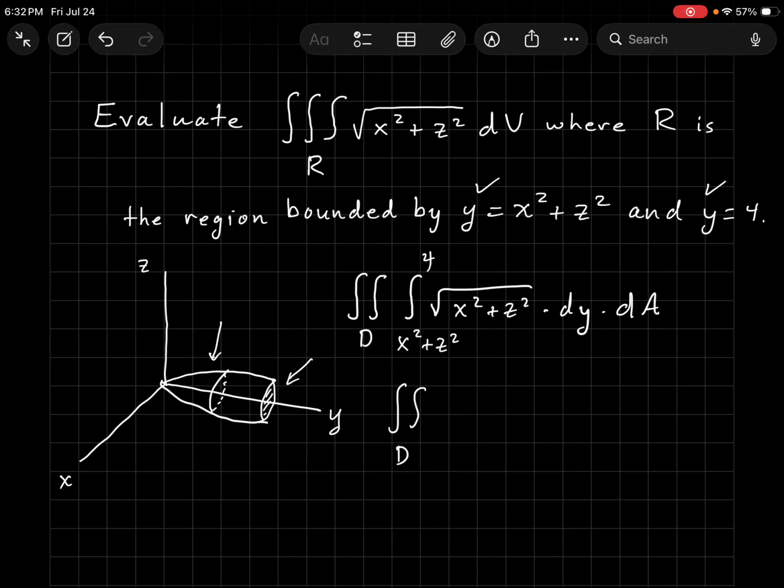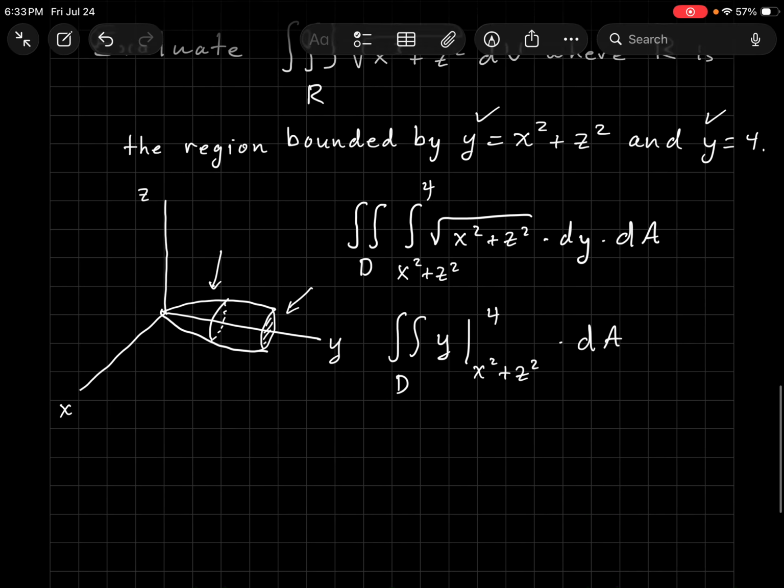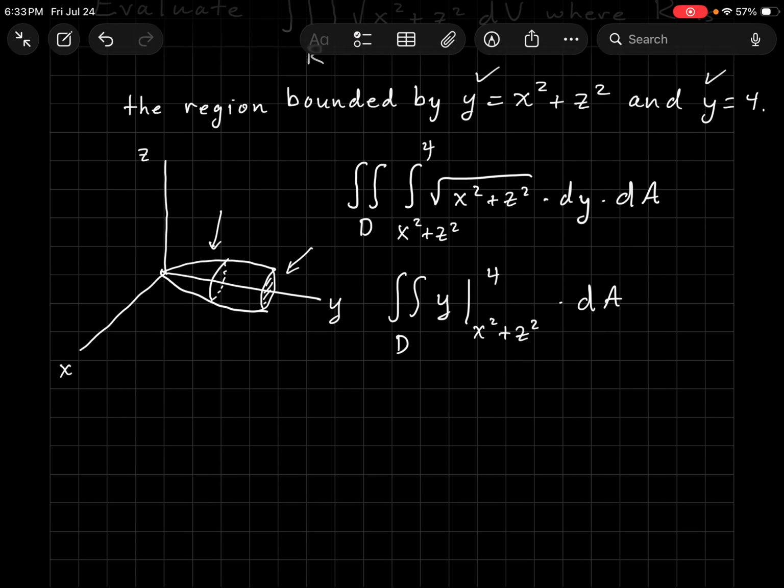It's just 1 dy because the x's and z's are constant. So we have y from x squared plus z squared to 4 of dA. So I'm just getting this first integral out of the way, the inner one. And we have the double integral over D of 4 minus quantity x squared plus z squared dA.